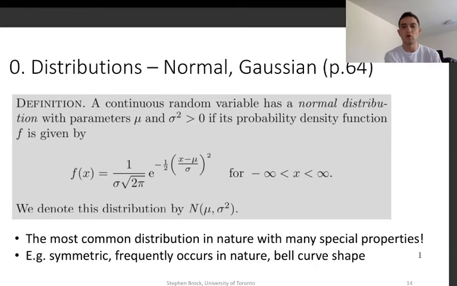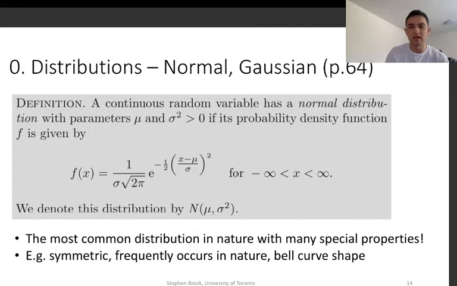All right, the normal or Gaussian distribution. They're both the same distribution, just a different way to say it. By definition, a continuous random variable has a normal distribution with parameters mu and sigma squared greater than 0 if its probability density function f is given by f of x equals 1 over sigma times the square root of 2 pi, times e to the negative 1/2 times x minus mu over sigma, all squared.